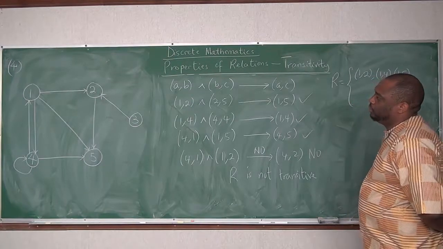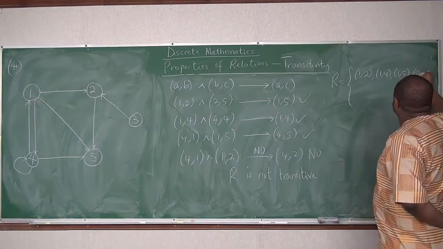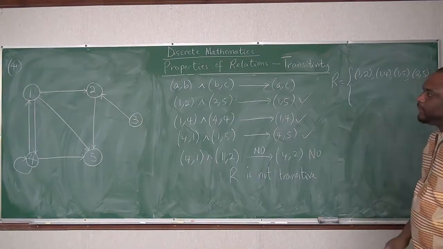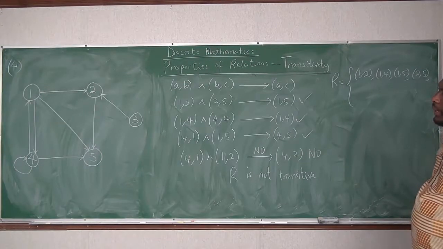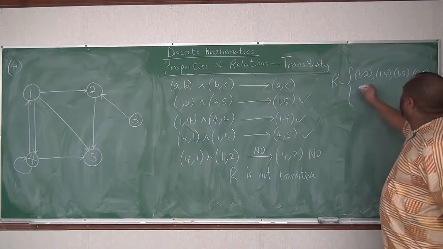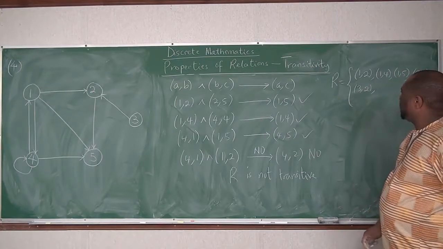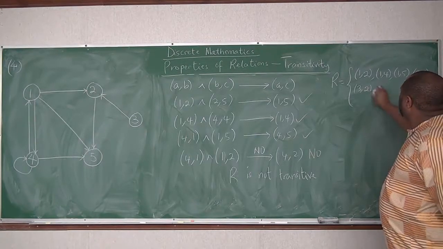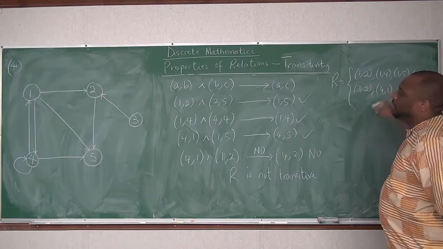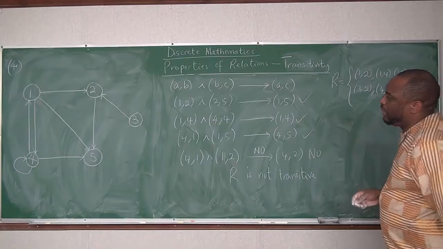Then we have 2, 5. Then 3, we have 3, 2, okay, 3 is all over. 4, we have 4, 1, then we have 4, 4 as a loop.